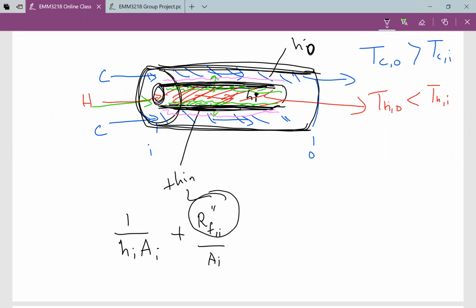So this is basically much like for convection you have 1 over H; for fouling it is what is called the fouling resistance. The value you can get from a table in your textbook.